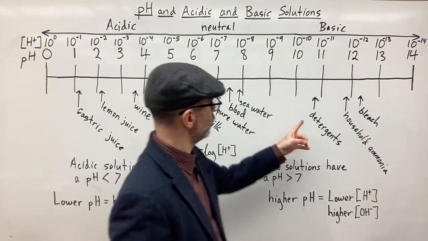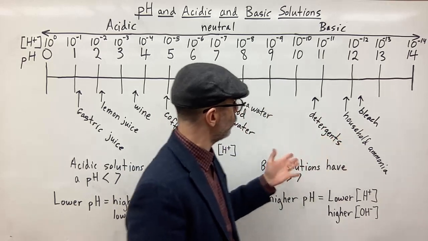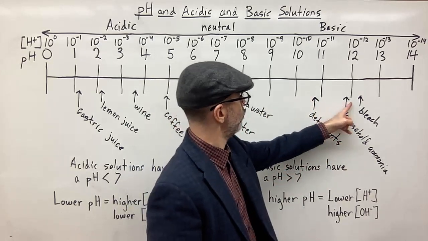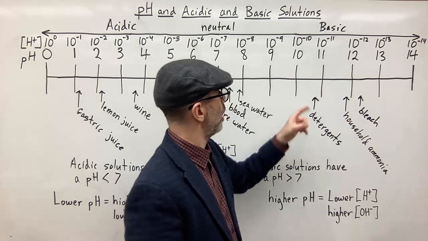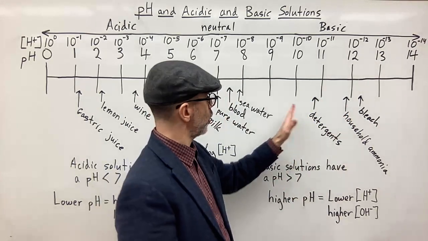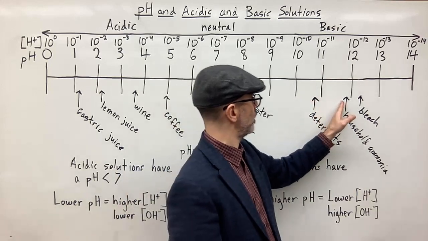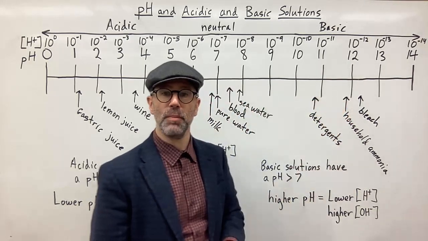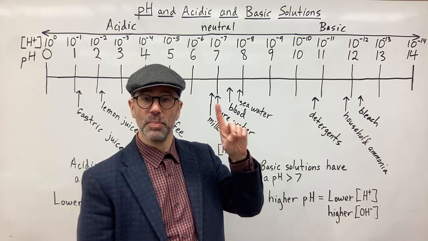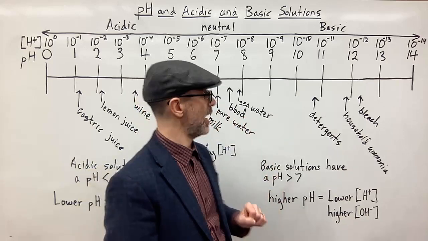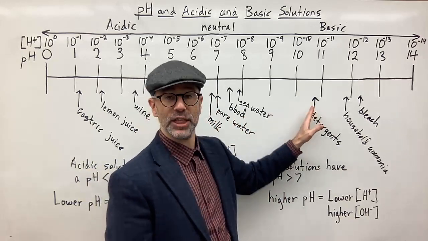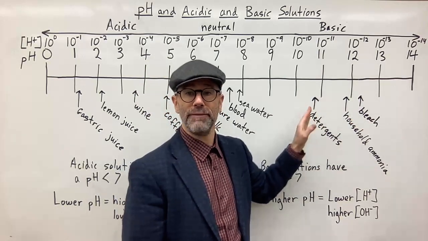So again, if you're looking at detergents and household ammonia, notice that they differ by 1 pH unit. This one is a little bit below 11, and this one is a little bit below 12. So they differ by 1 pH unit, which means that the amount of H plus differs by a factor of 10.